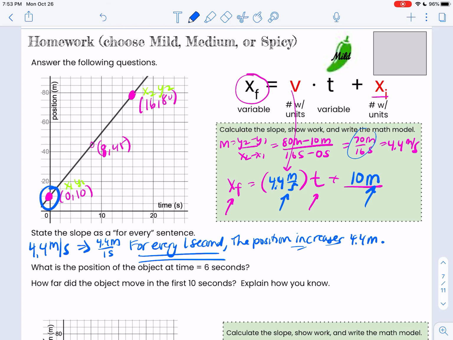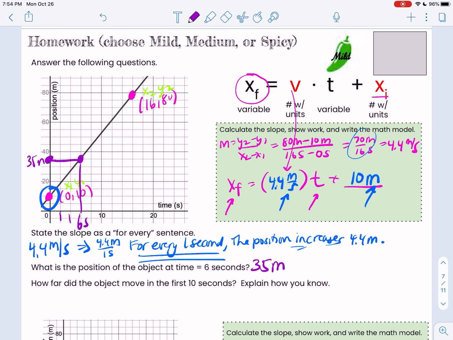All right. What is the position of the object at time equals 6 seconds? So we're getting a little confused about what position means versus how far does it go. So 2, 4, 6 seconds. If it asks for the position, I'm merely just reading that off. So 6 seconds here is 35 meters.